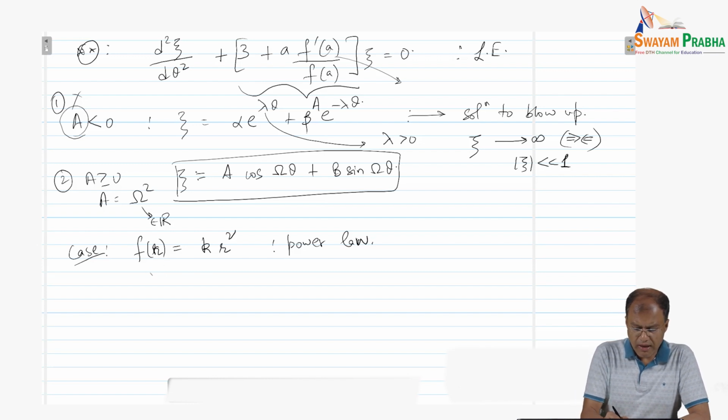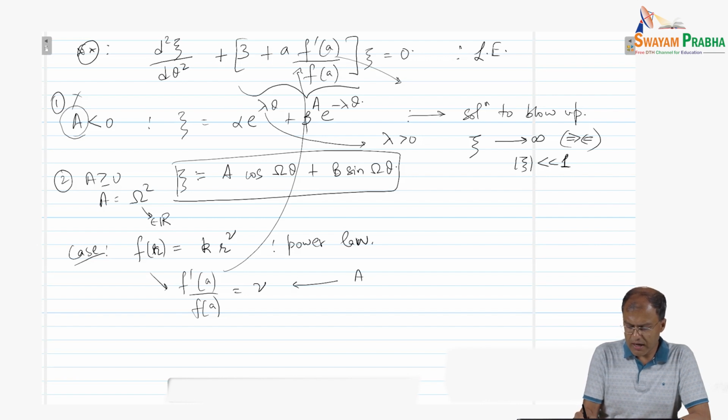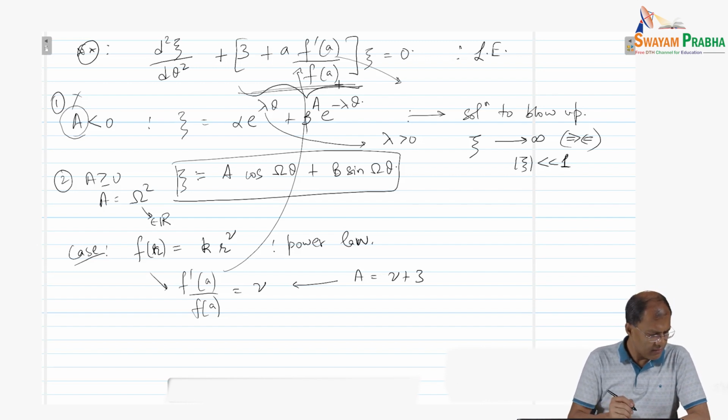Which means that f prime a over f of a is going to give us nu. So that is this quantity here. Once we plug in, we see that our A comes out to be nu plus 3, right? A is this quantity inside the square bracket. So A is nu plus 3.